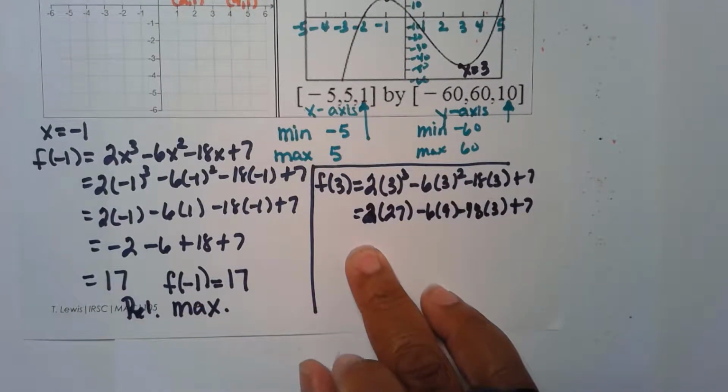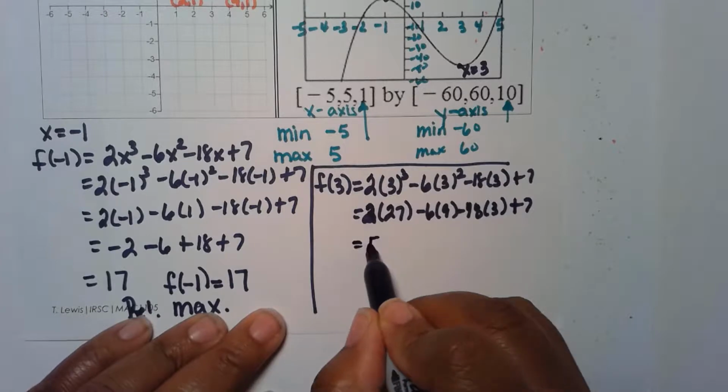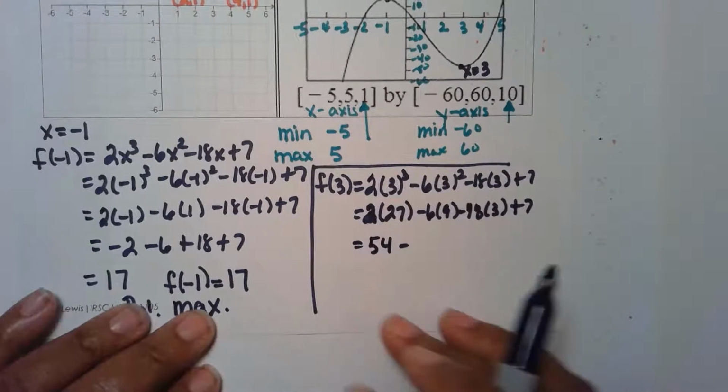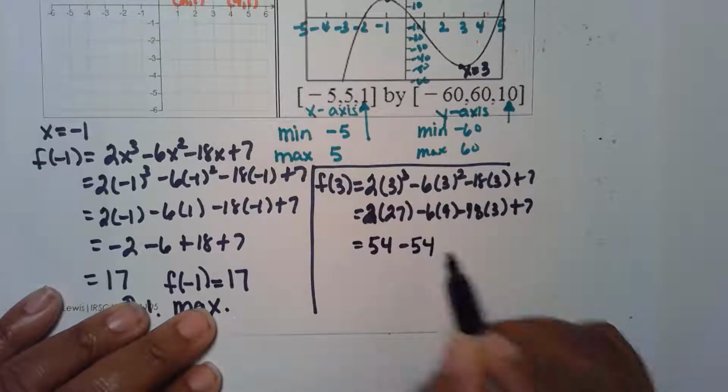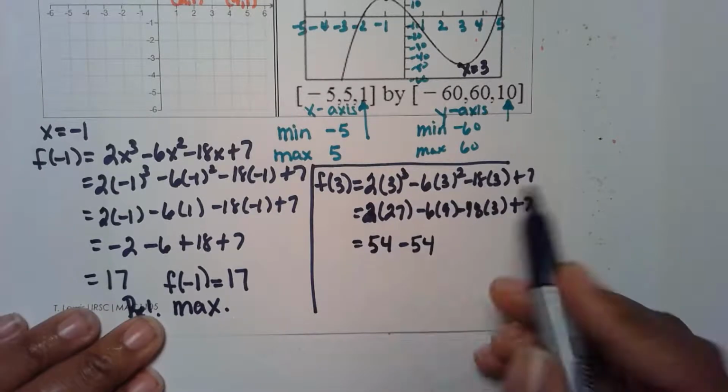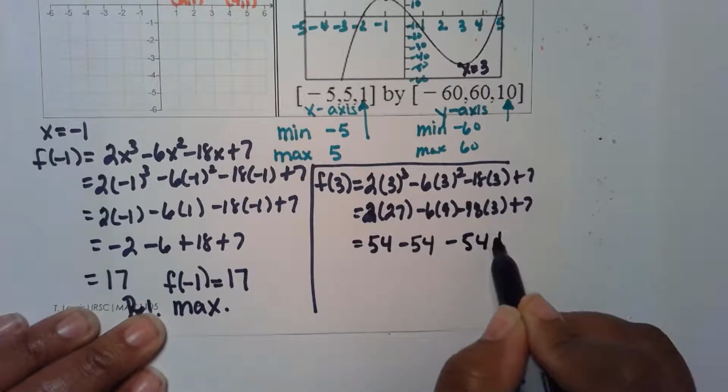That's 2 times 27, which is 54. And then -6 times 9 gives us -54. And then -18 times 3 gives us -54, plus 7.